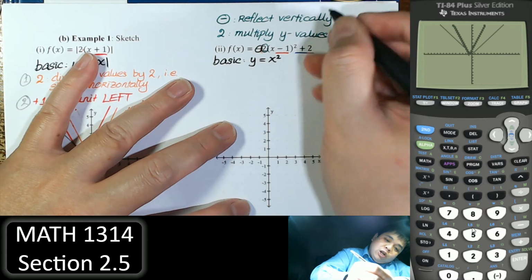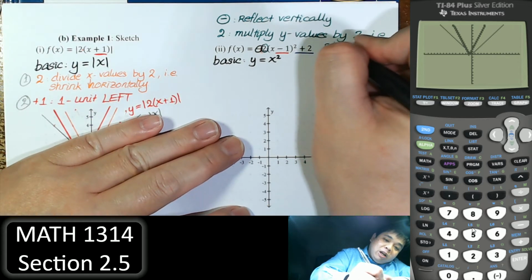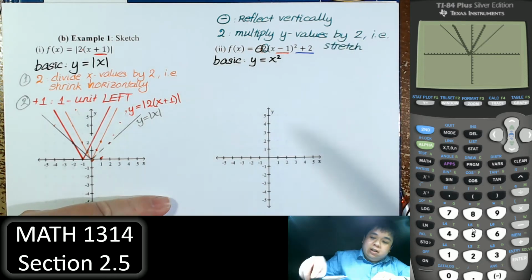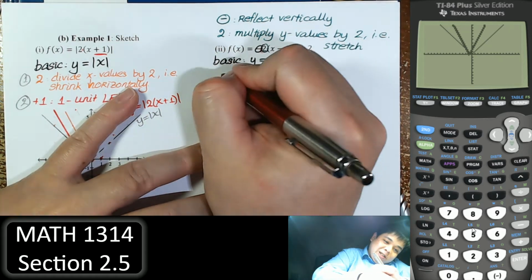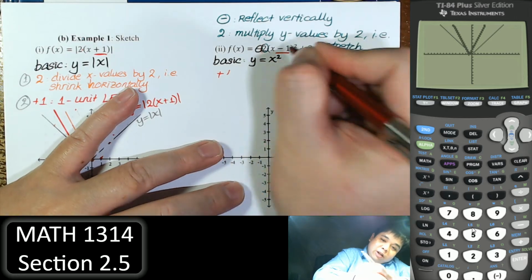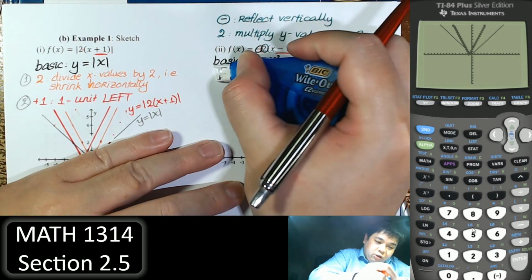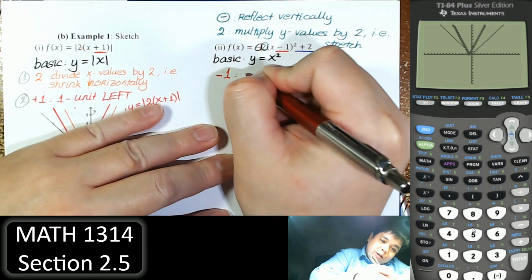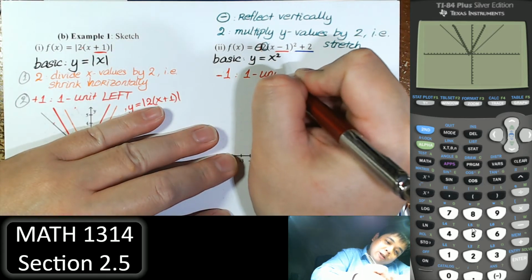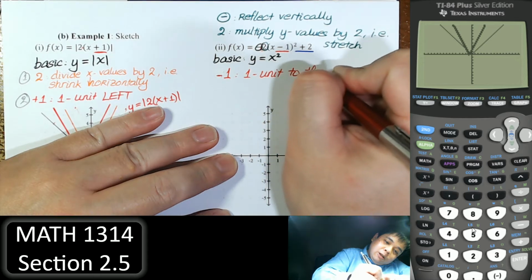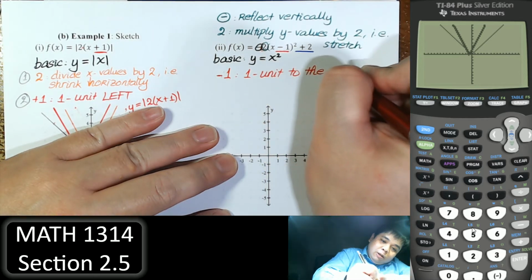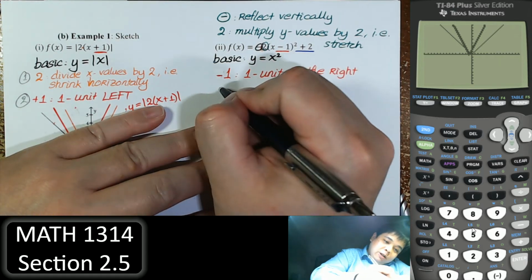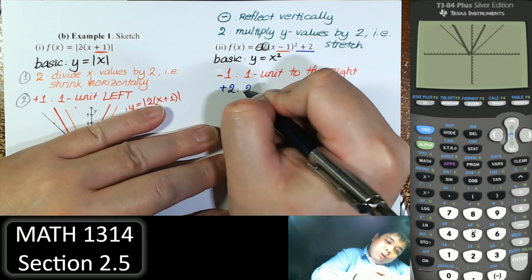If multiplied by 2, it's going to stretch because we make it bigger. So that takes care of it. The minus 1 is 1 unit to the right, because that is inside. And the plus 2, 2 units up.